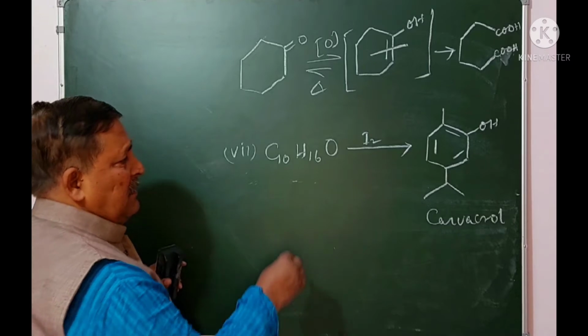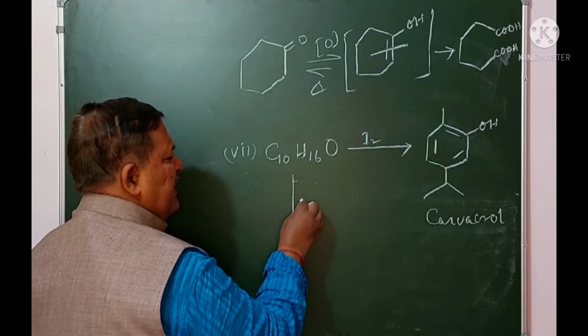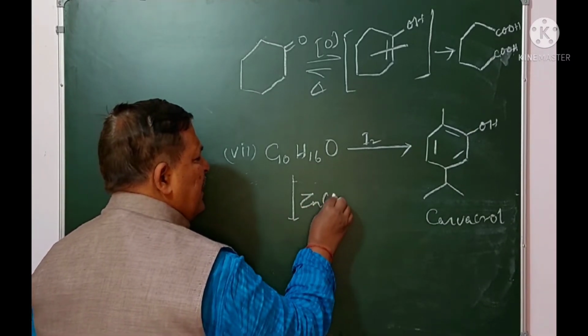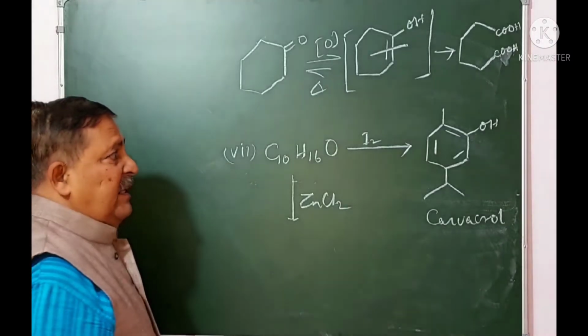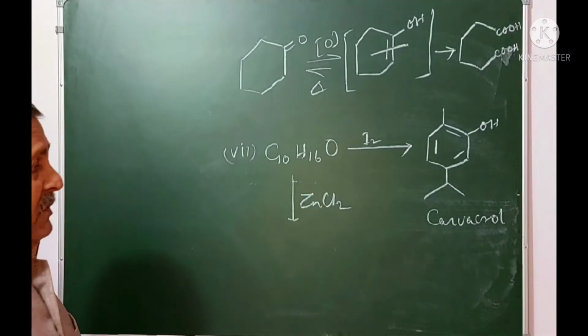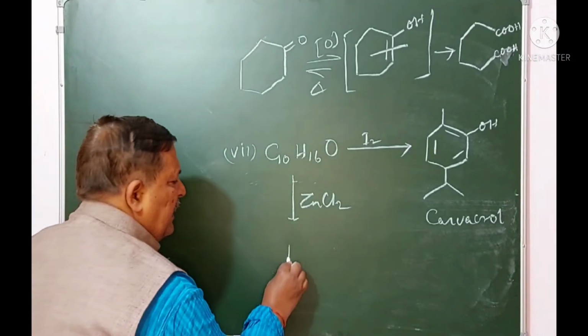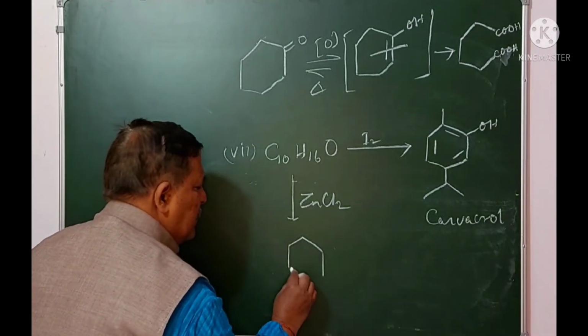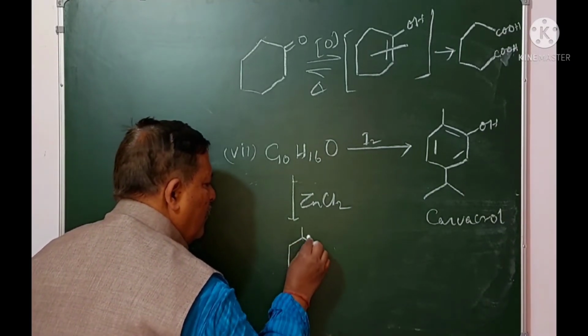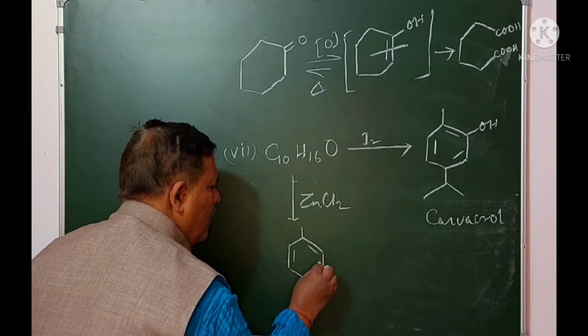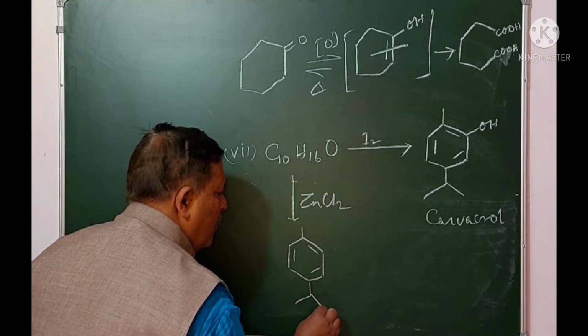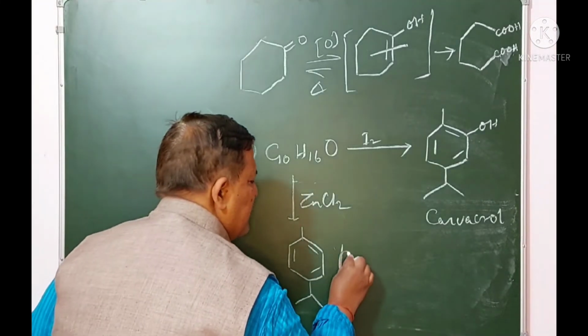And when it is heated with anhydrous zinc chloride, a dehydrating agent, it is converted into paracymene.